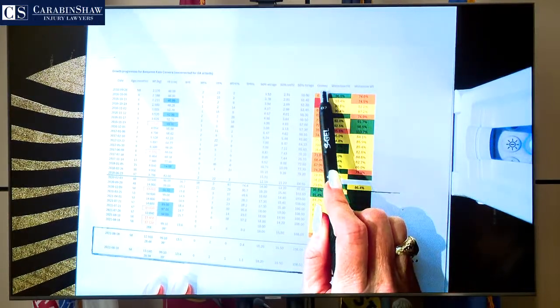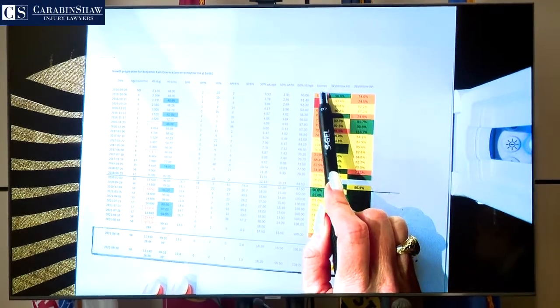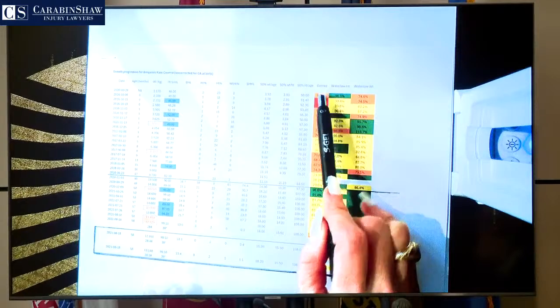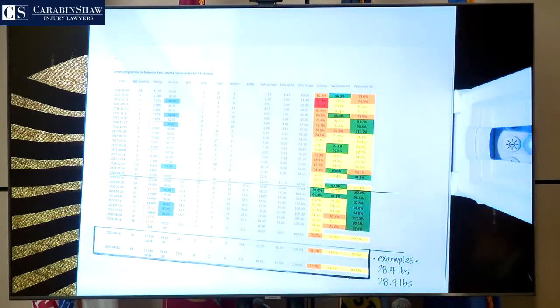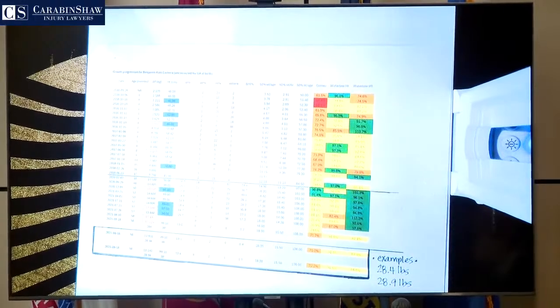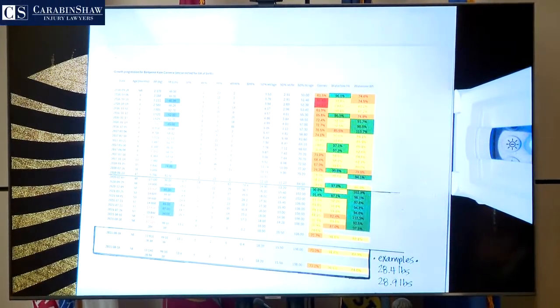So there's 3 columns at the end. One is where this child sits in the Gomez classification, which compares the child's weight to the average weight for a child his age. So it's based on weight for age. The next column is what's called the Waterlow classification. The next 2 columns actually look at that for both height and weight.